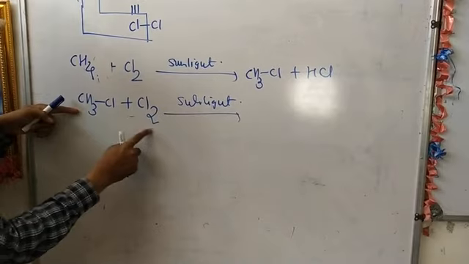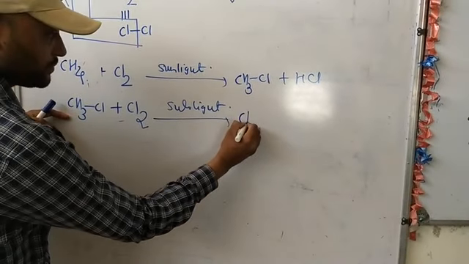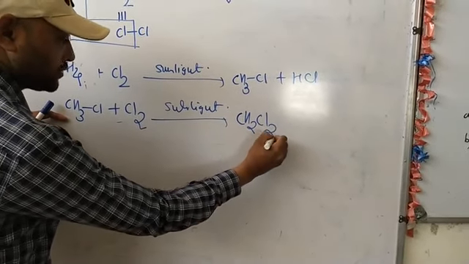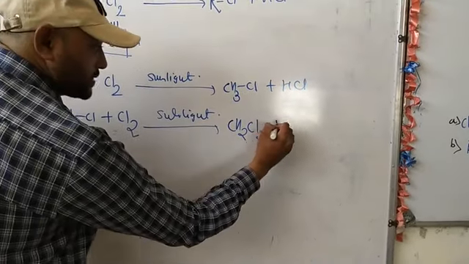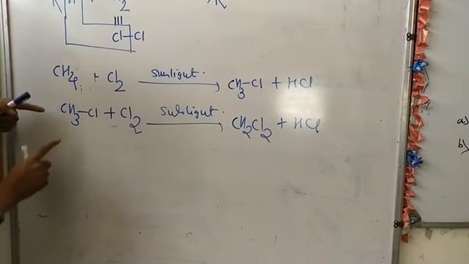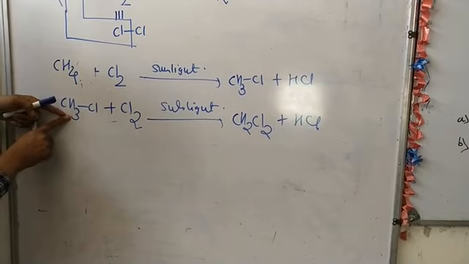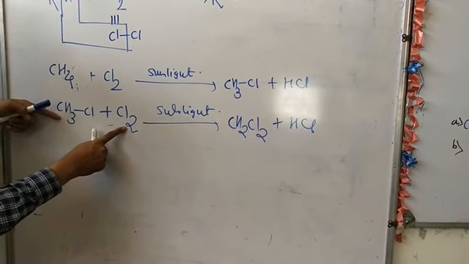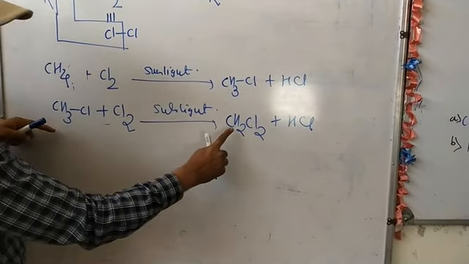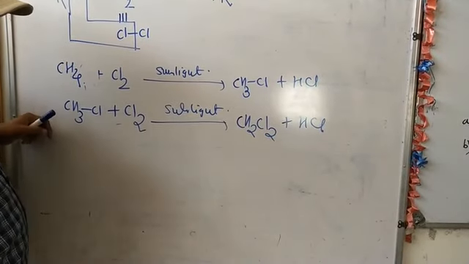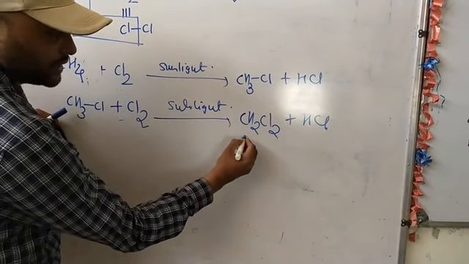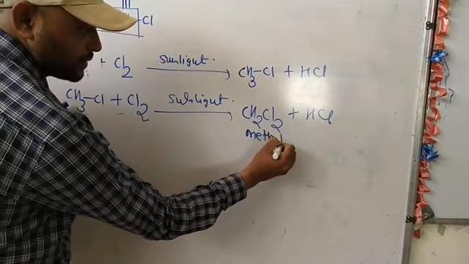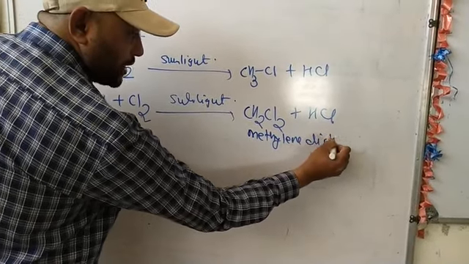So a substitution reaction is taking place, forming CH2Cl2 plus HCl. We replace the hydrogen from methyl chloride by one chlorine atom from chlorine, forming methylene dichloride. Common name of this compound is methylene dichloride.